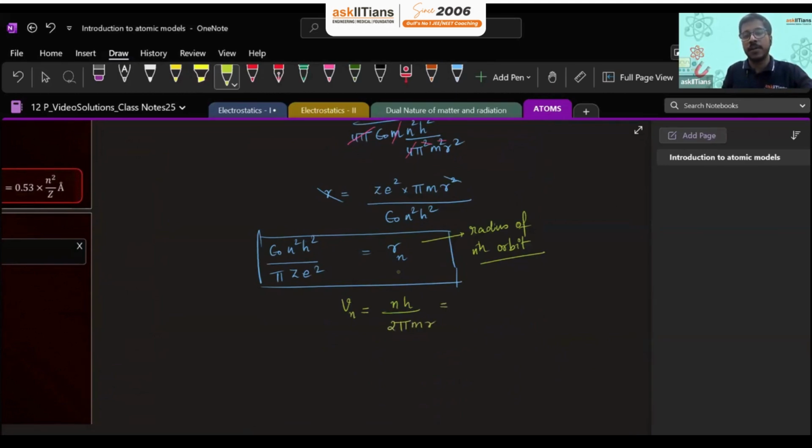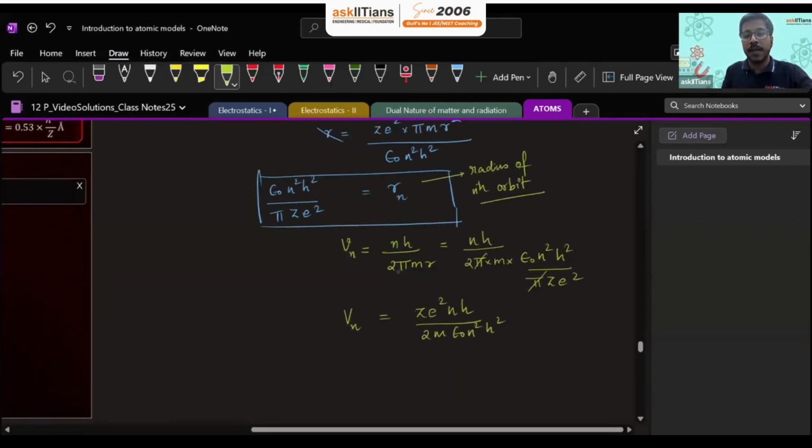So this becomes nh by 2 pi into m times r, where r is epsilon naught n square h square by pi z e square. So pi cancelled out, z e square goes to the numerator. That is, velocity of electron in nth orbit is equal to z e square nh by 2m epsilon naught n square h square.